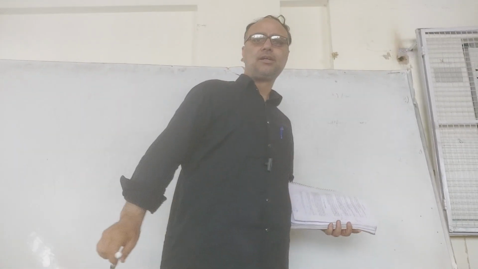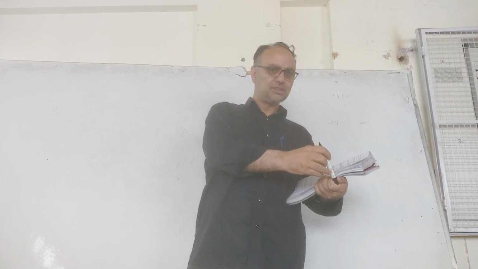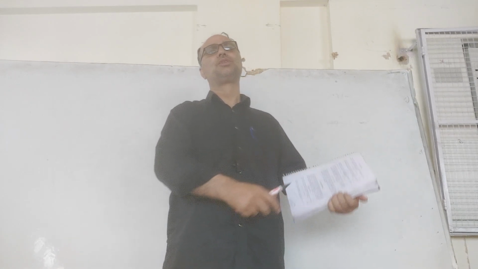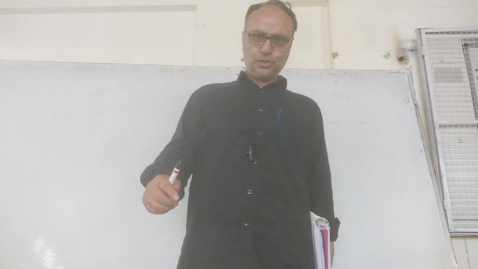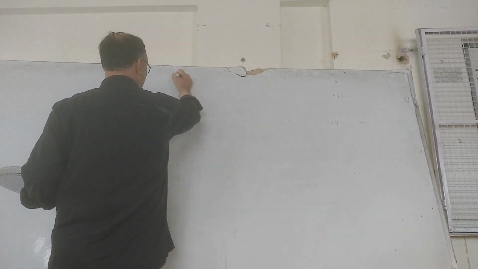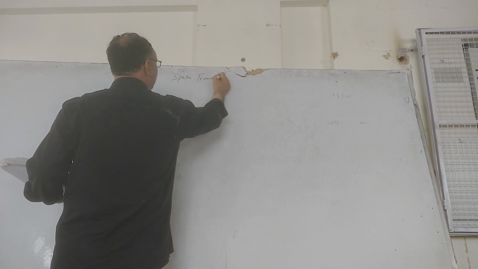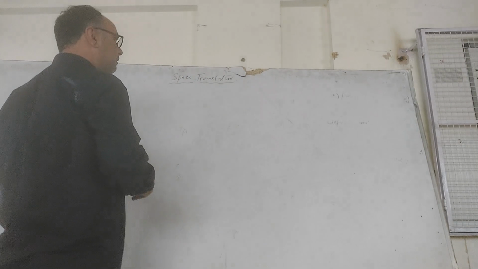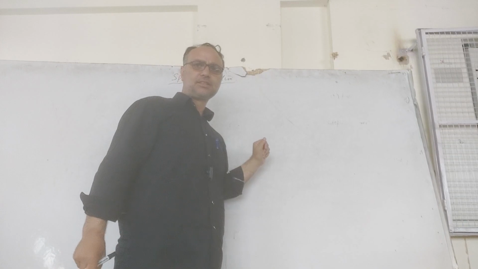Here we not only have translations, we can have rotations, we can have boosts, we can have many things. So in the simplest case, how can we understand space translation, and how space translations are symmetry operations and how we identify operators.